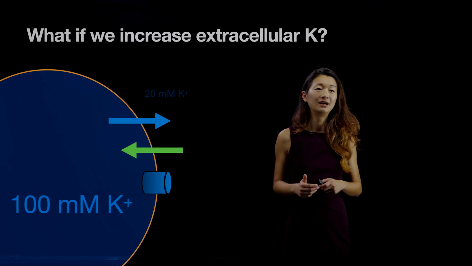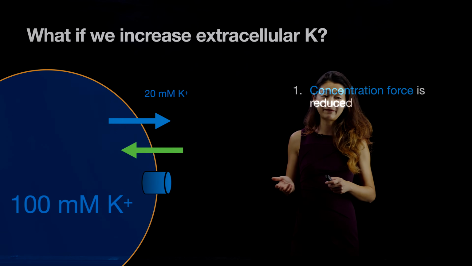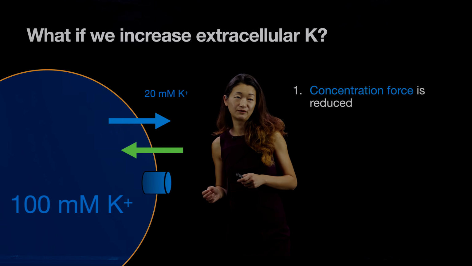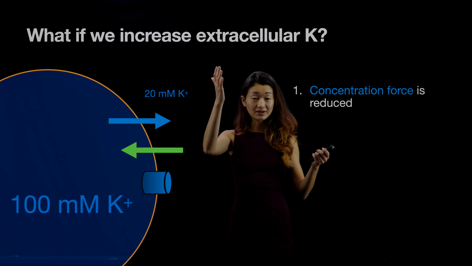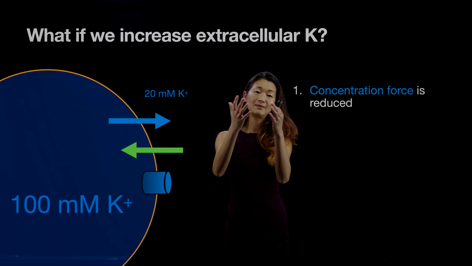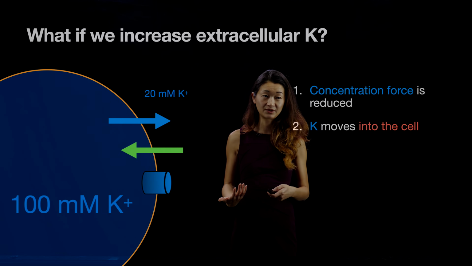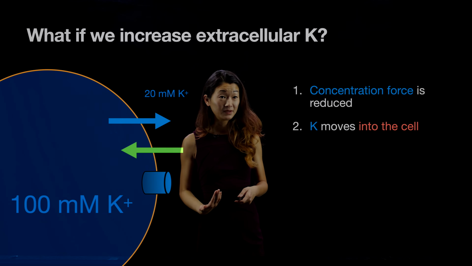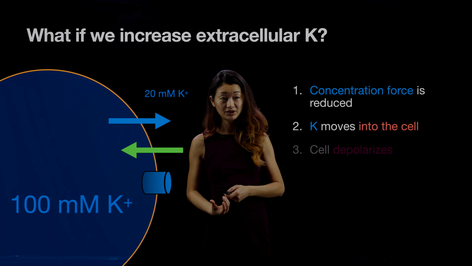What would happen? Okay, so if we reason through this, what's going to happen in a hand-wavy way is that the concentration force is going to be reduced, right? So there's more on the outside, which means that the concentration gradient, the forces pushing the potassium ions out, is going to be less. Therefore, potassium is going to start moving back into the cell because there's going to be a lower concentration force.